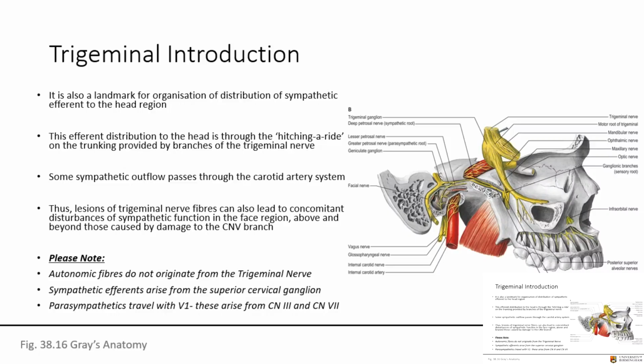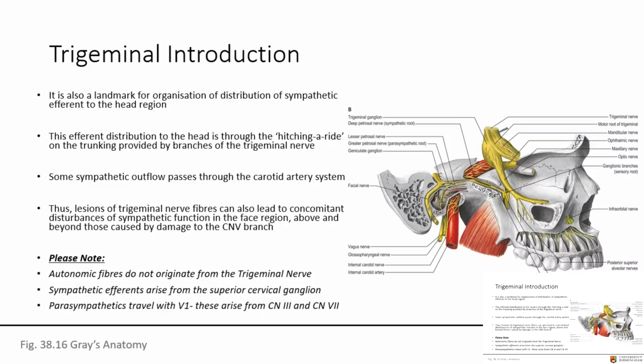The preganglionic neurons of the sympathetic nervous system are located only between T1 and L2 spinal cord levels, in a region called the lateral horn of the spinal cord. The postganglionic cell bodies are located in the sympathetic chain.